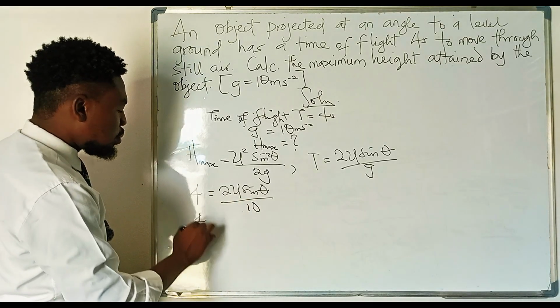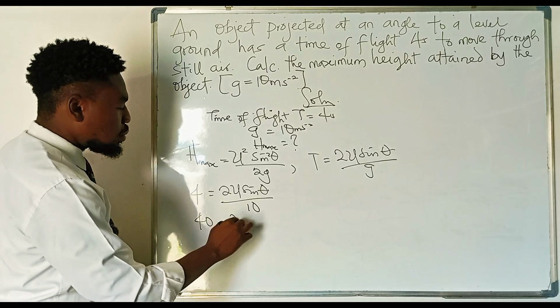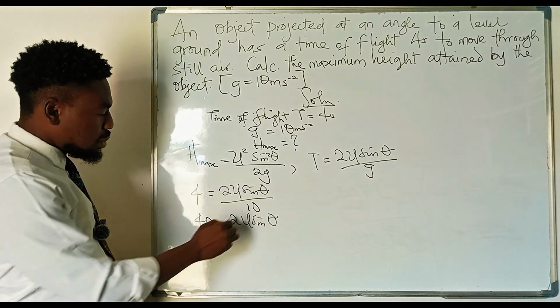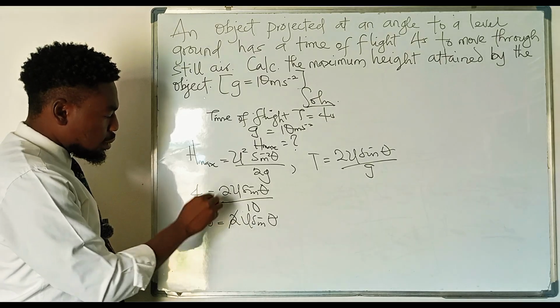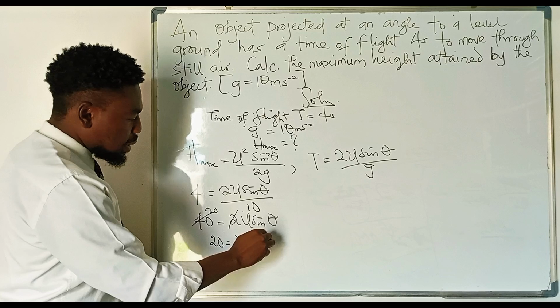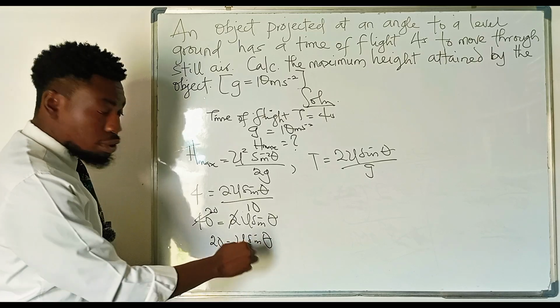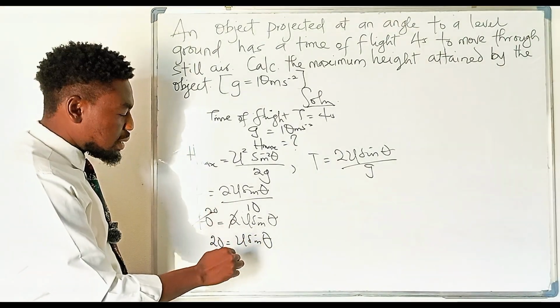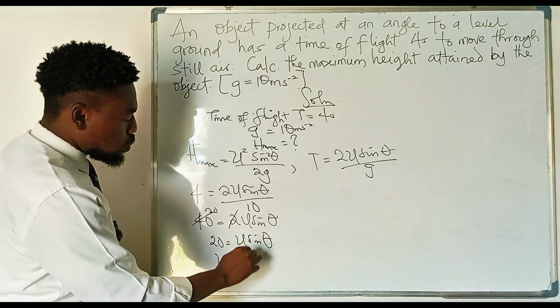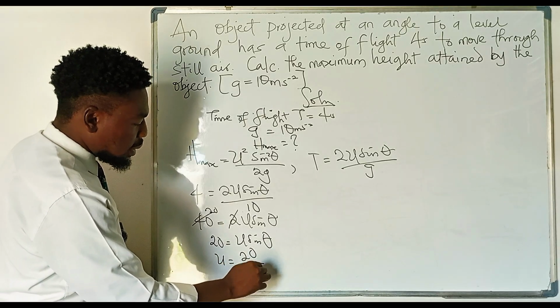If I cross multiply here, I'm going to get 40 equal to 2u sine theta, right? Clearly 2 can go into this, 20. So we have 20 equal to u sine theta. Making u the subject of the formula by dividing both sides by sine theta, we have u equal to 20 all over sine theta.